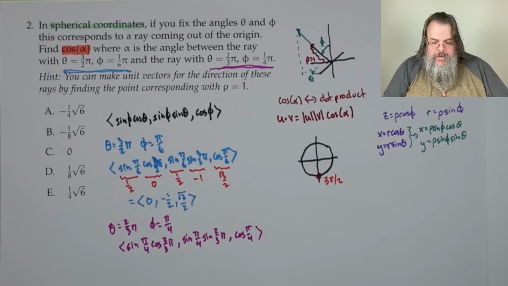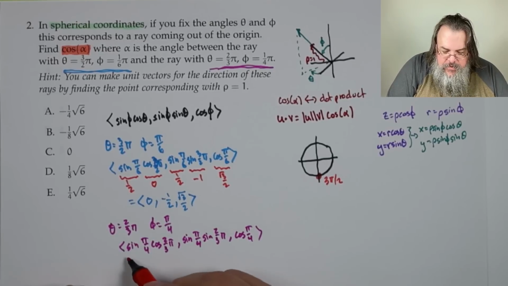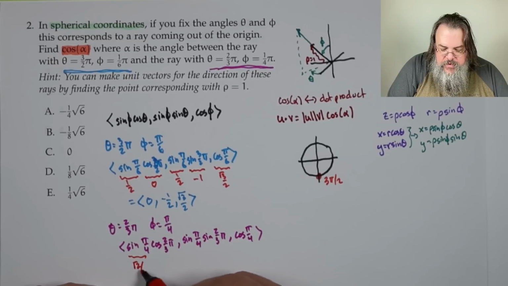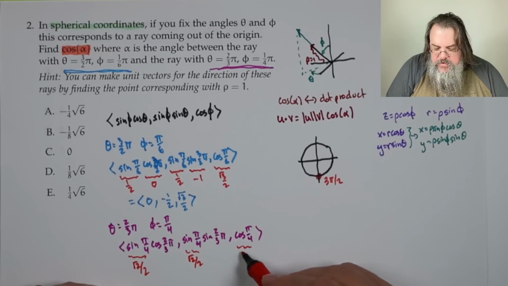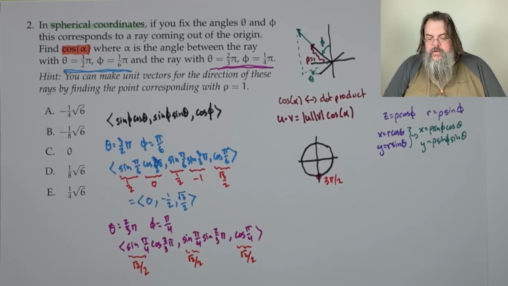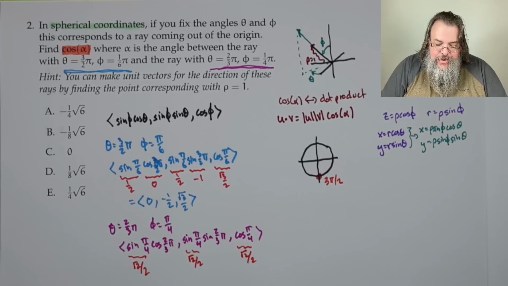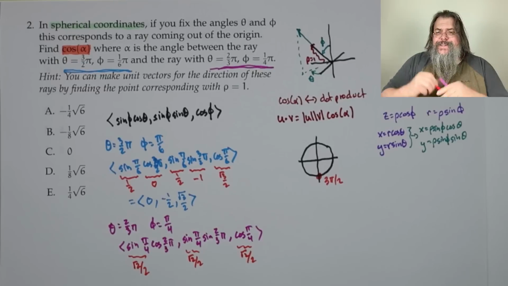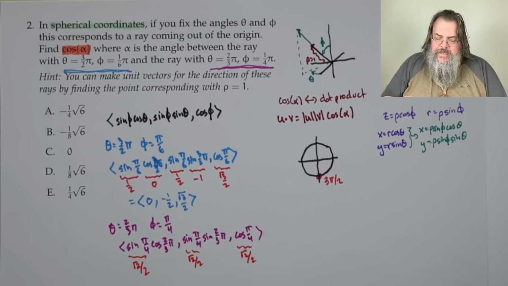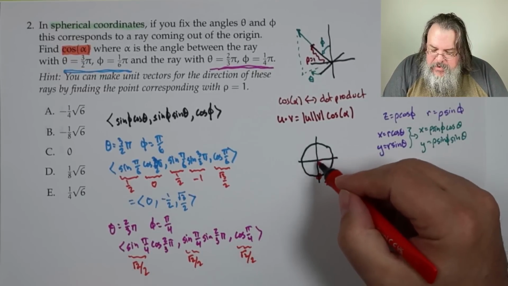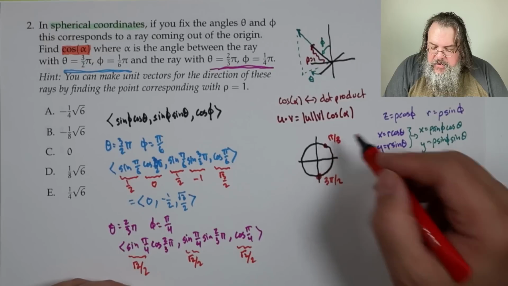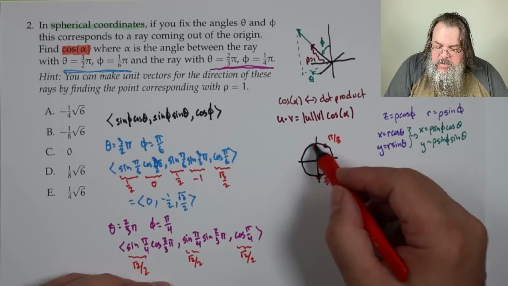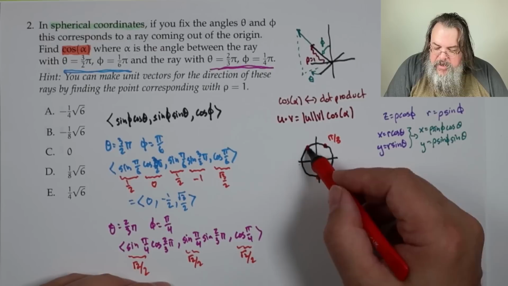All right, now we can look some of these up, right? The pi over 4, that's on our sheet. So that's root 2 over 2, root 2 over 2, root 2 over 2. So what about 2 pi thirds? Now that's not exactly on our table, but if you think about where things are, so pi over 3, that's over here. 2 pi over 3, by symmetry, right, it's like pi, but then go back pi over 3.